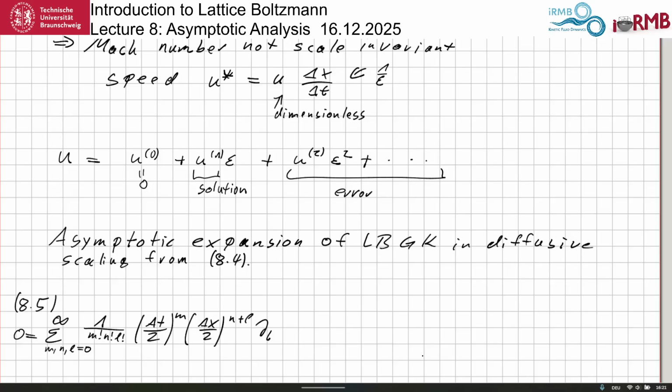We have the m-th derivative in t, the n-th derivative in x, the l-th derivative in y, and here comes... okay, I'm not completely sure. I have to look back at our equation. So yes, it's not the same thing.